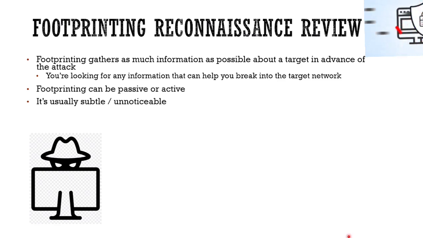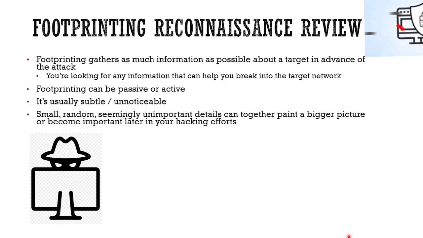If you are actively engaging the target, it's going to be in a very limited, very non-suspicious way. Small, random, seemingly unimportant details here and there, you can put them together to paint a bigger picture. Or detail might be something that you need later on in your hacking efforts.